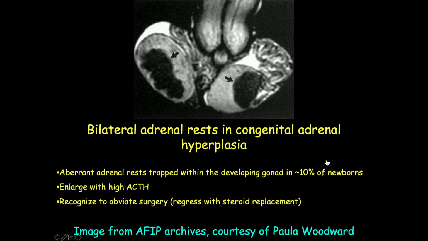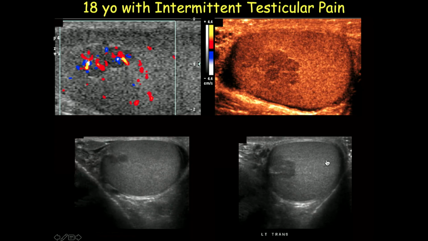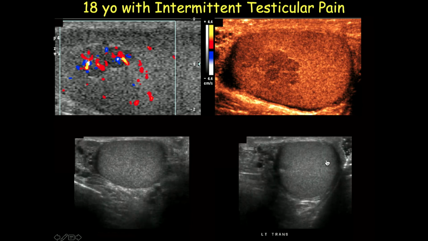But if you have congenital adrenal hyperplasia, that enzymatic deficiency, your hypothalamus says, hey, I don't have enough adrenal hormones floating around in the blood, and it sends out a chemical messenger to the whole body saying, if you're adrenal tissue, I don't care where you are, bulk up and work harder. So if you're the 1 in 10 guys who has adrenal tissue in your testicle, that bulks up and gets bigger, and there are horrible case reports out there where these patients have received bilateral orchiectomies, and all they needed was exogenous steroids.